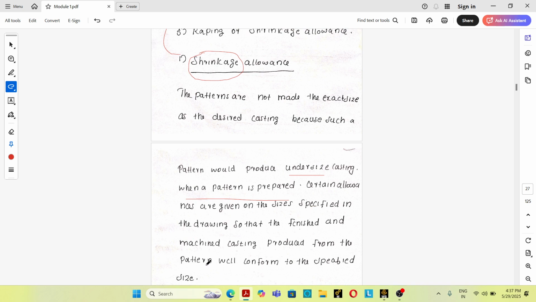That means when we provide the shrinkage allowance, after solidification an exact size casting will be produced. So that is known as shrinkage allowance. Some extra material will be placed in the pattern and the cavity size will be a little bit increased. After solidification of the casting, an exact size casting will be produced. Okay.